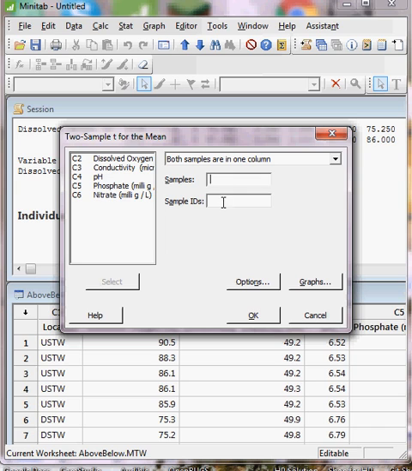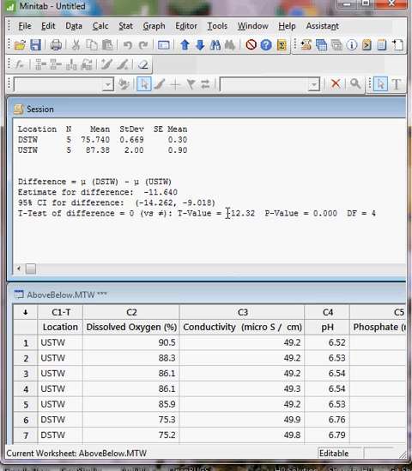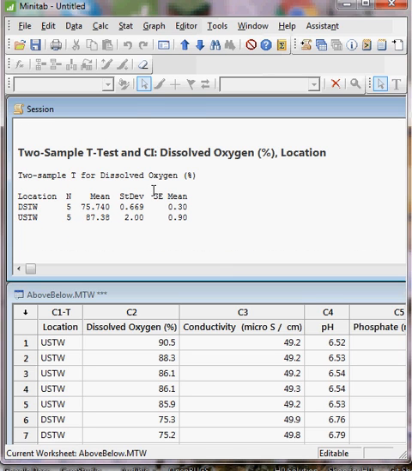The same pattern in the menus, in that we enter a box of the variable we're going to measure, and then we need the grouping variable. The only problem here is Minitab's changed the names, but this is basically the y variable, this is the grouping variable. And if we hit the OK button, it goes off and conducts a two-sample t-test.